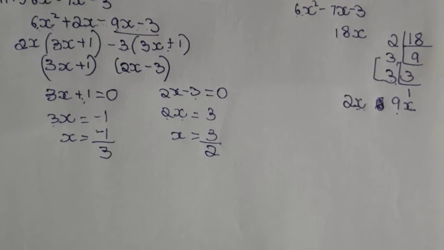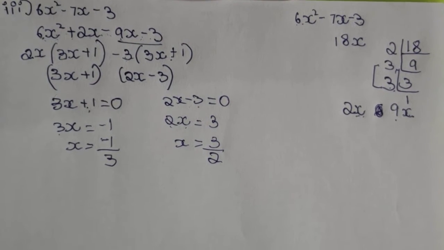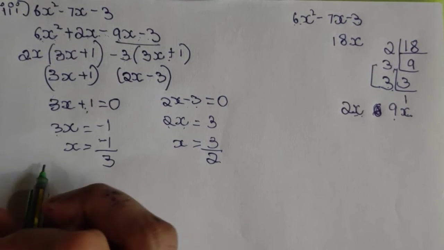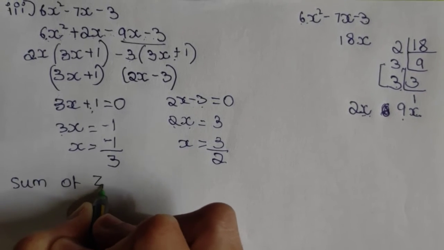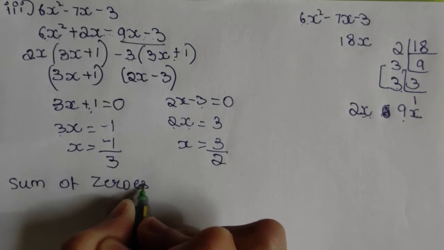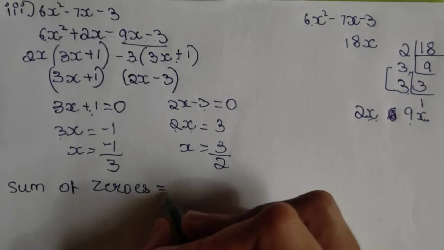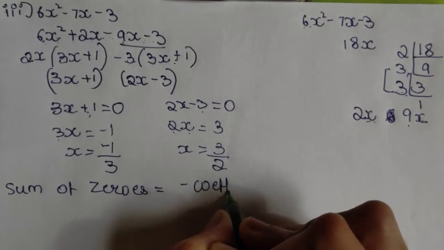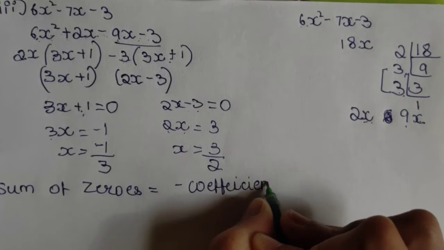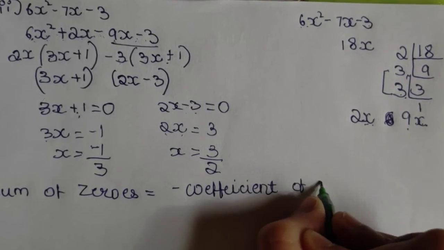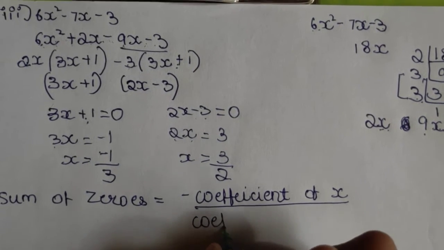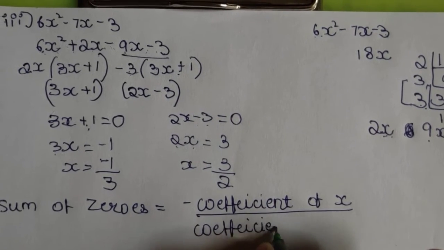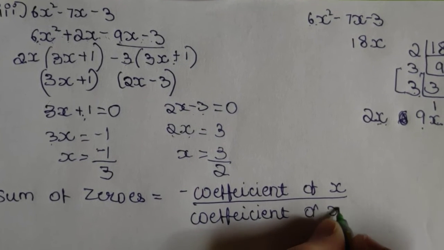so here we have to find the relationship between the zeros and the coefficients, that is sum of zeros and product of zeros. So I'll write here sum of zeros. The formula to find the sum of zeros is minus coefficient of x by coefficient of x square.